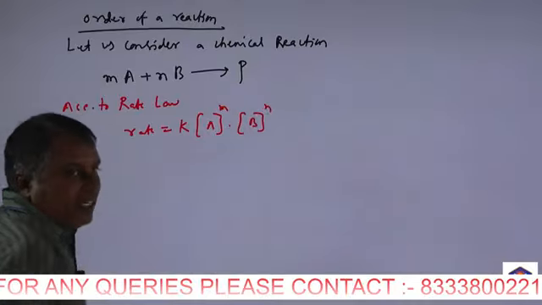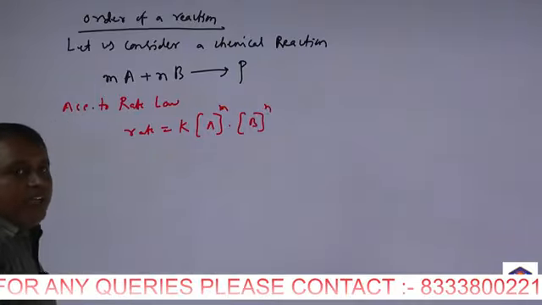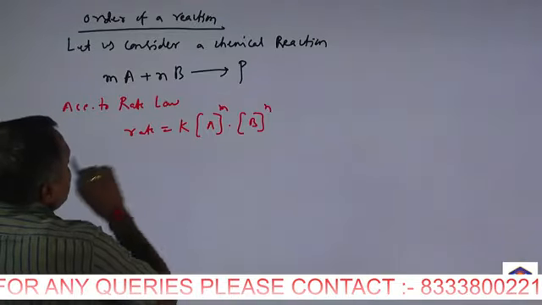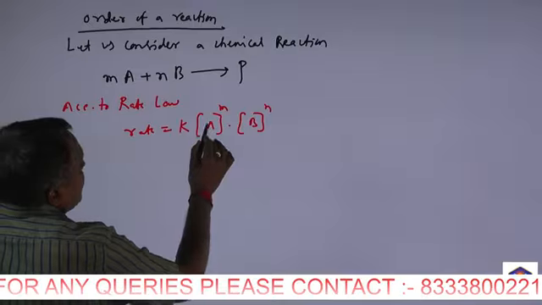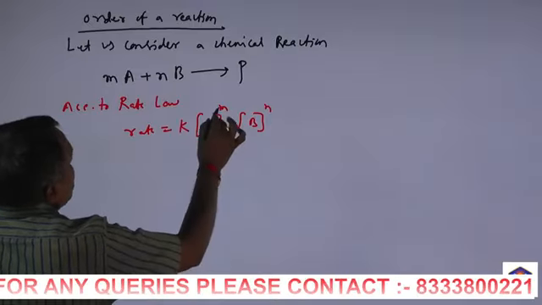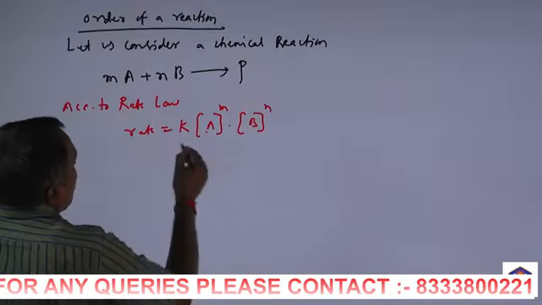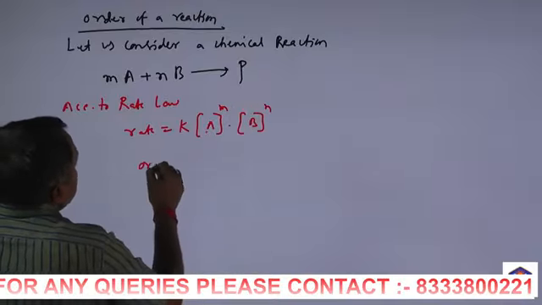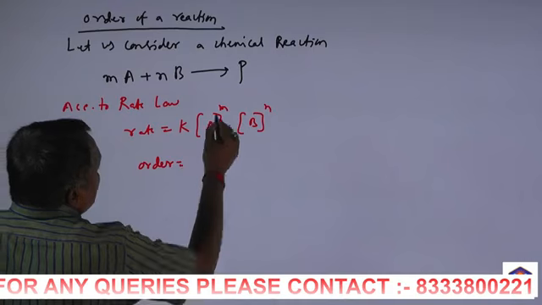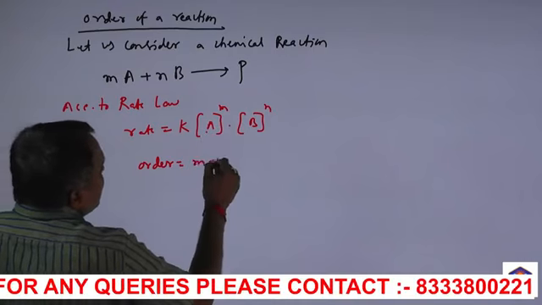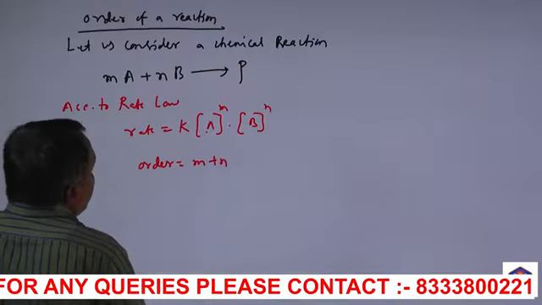This is the rate law for this mA plus nB gives product P. Here k is the rate constant, [A] is the concentration of A, [B] is the concentration of B, this is the power raised to m, this is the power raised to n. So the order of this reaction is equal to the sum of powers of concentrations of reactants, m plus n. This is the order of a reaction.